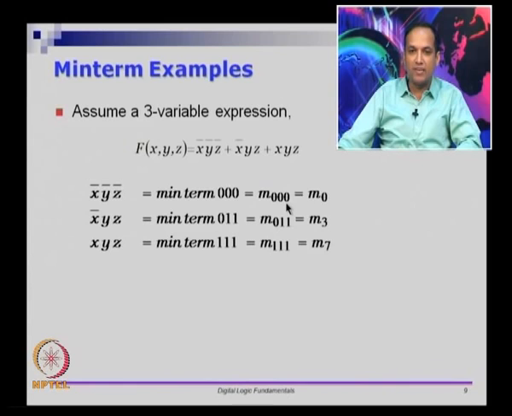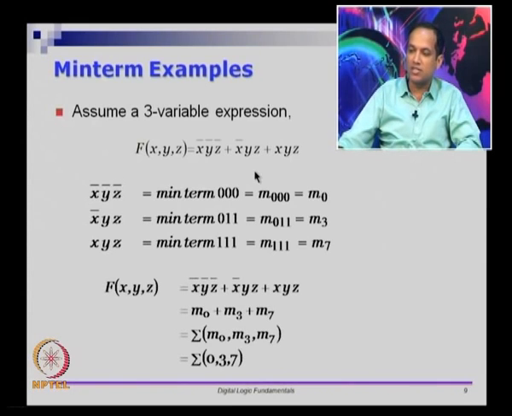So, this is in the binary form. If you take this into equivalent decimal expression, this 000 is actually decimal 0, 011 is decimal 3 and 111 is decimal 7. So, one concise way in which we can write this expression f of x y z is to write it as the min term m0 or the min term m3 or the min term m7, which is the same as, we will use sigma notation to say that it is sum.